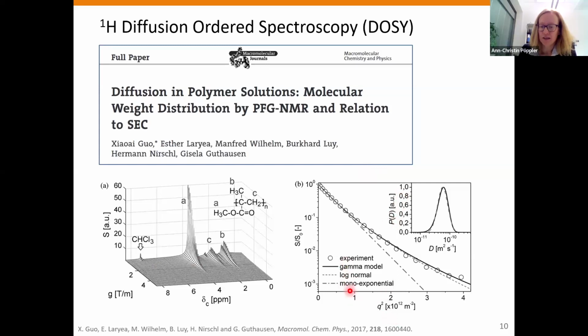And here they have shown the fitting procedure using different mono-exponential decay functions, but they have also tried two models, the gamma and the log normal function, to account for the fact that the polymer is indeed not a monodisperse, but a polydisperse sample. Remember the distribution of the different molecular weights.